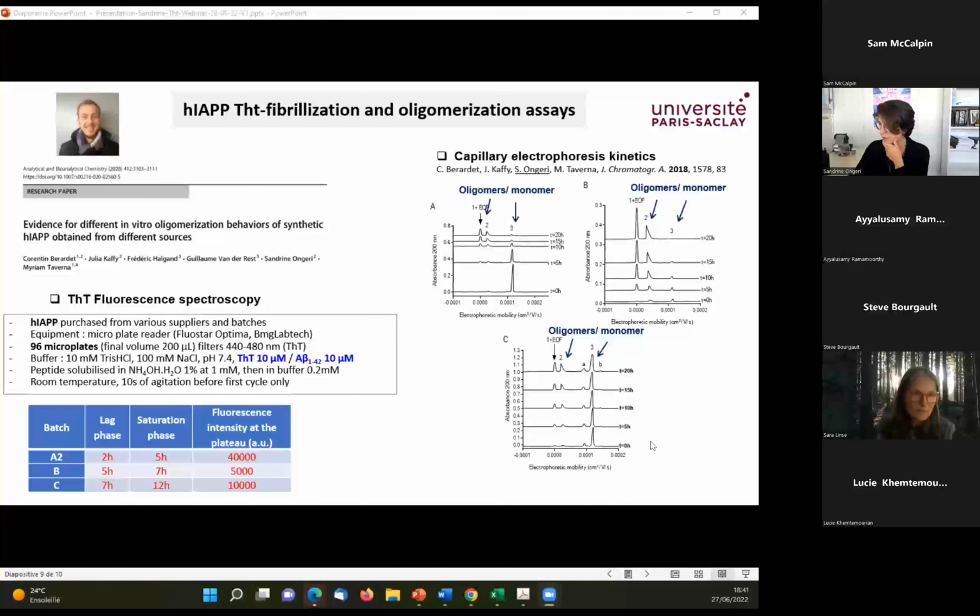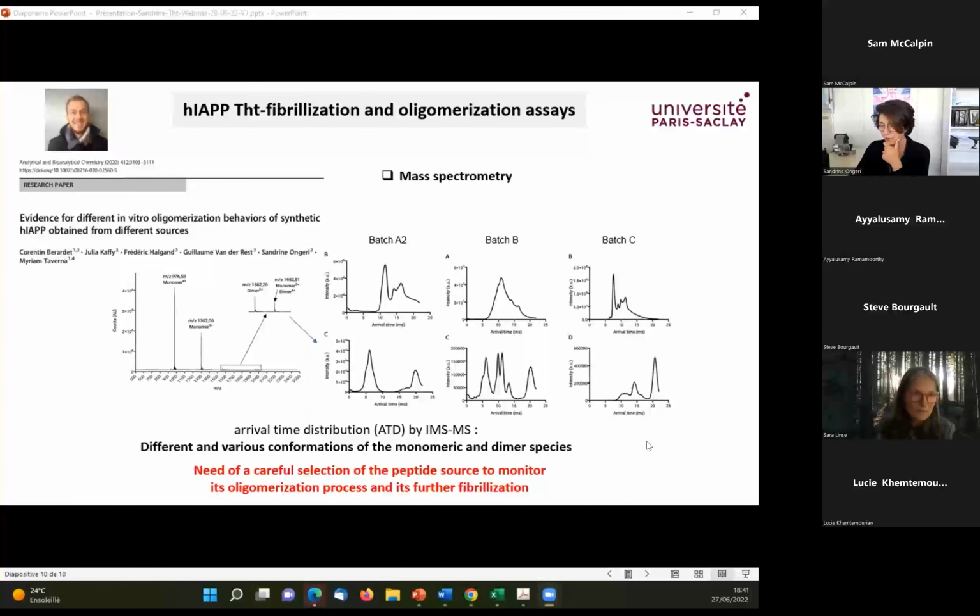So we had a look at the monomers and dimers by mass spectrometry. And we could see that according to the batch, we have many different conformers. So the batches and the suppliers are very important, and the conformations of the monomers are very different and very important for the first oligomerization step and for the aggregation.